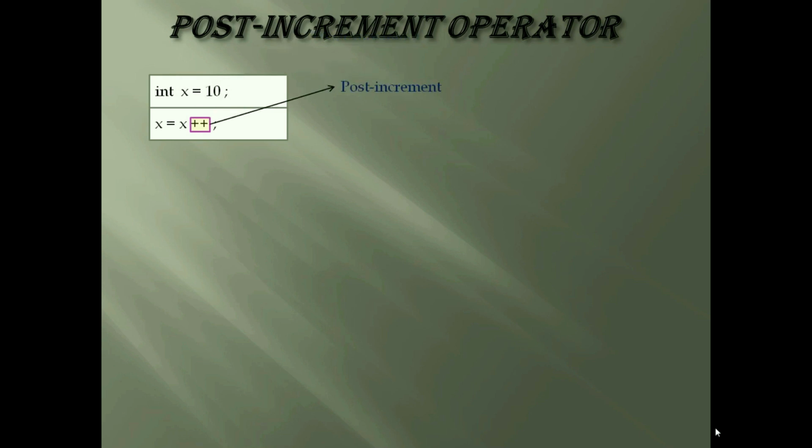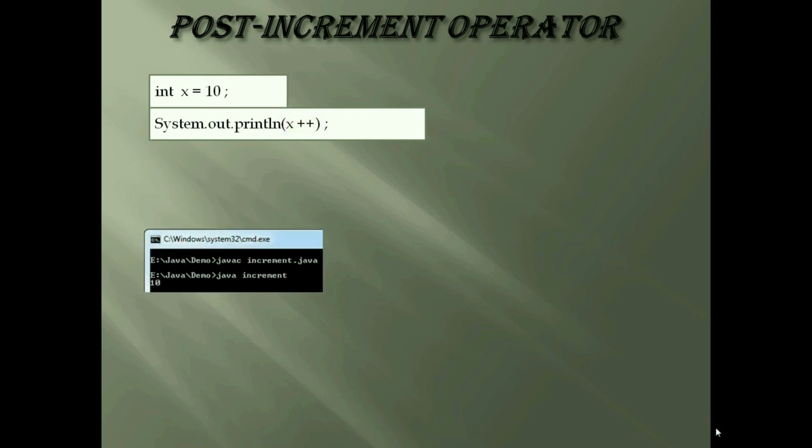For example, if I want to print x++ in the print line, what is the answer? The answer is 10, because in the post-increment operator, the value of x will be changed only after this ++ operation.